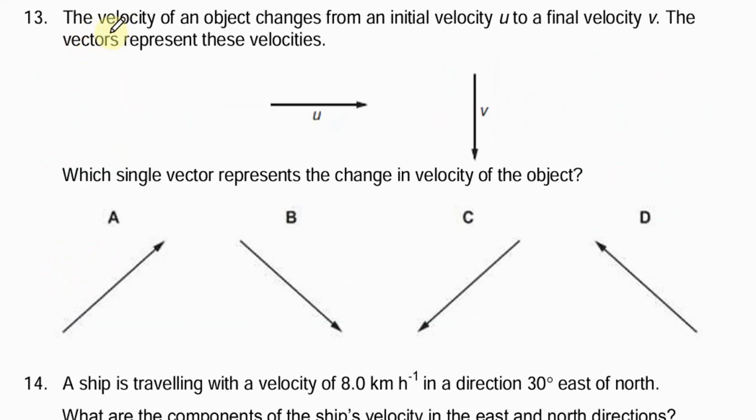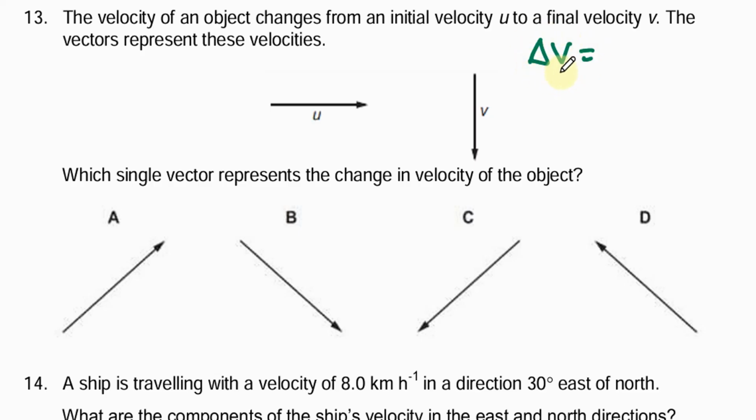Here it says the velocity of an object changes from an initial velocity u to a final velocity v. The vectors represent these velocities, so we have v and u. Which single vector represents the change in velocity of the object? So we need to draw the change in velocity as a vector. And we can start with the equation for the change in velocity.